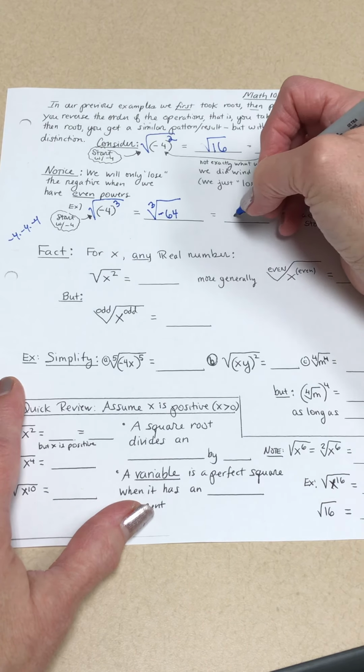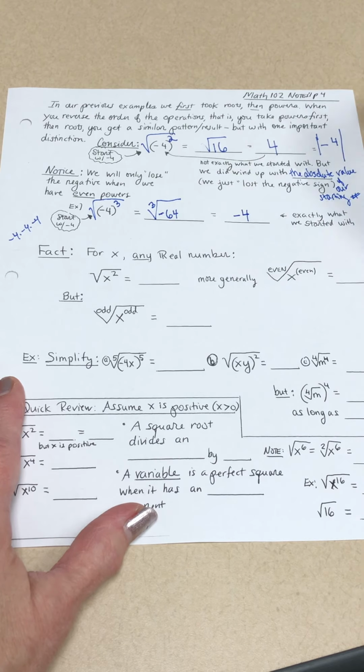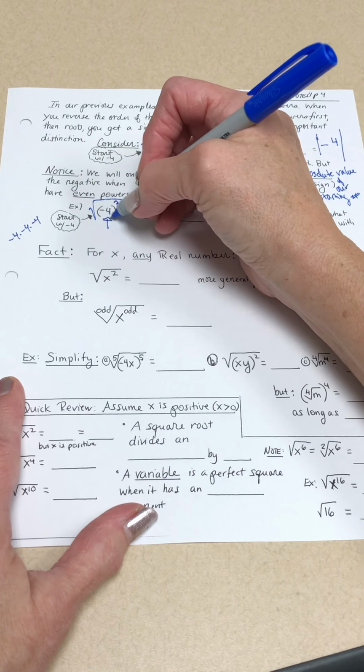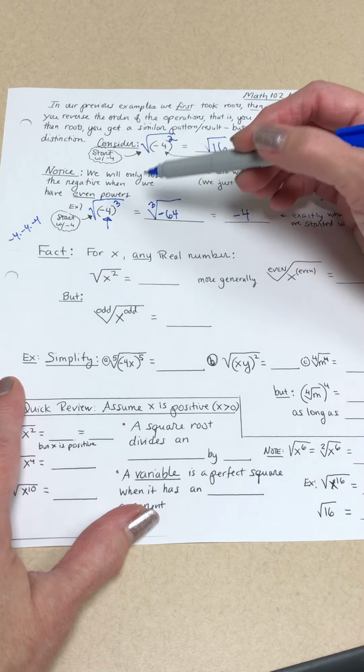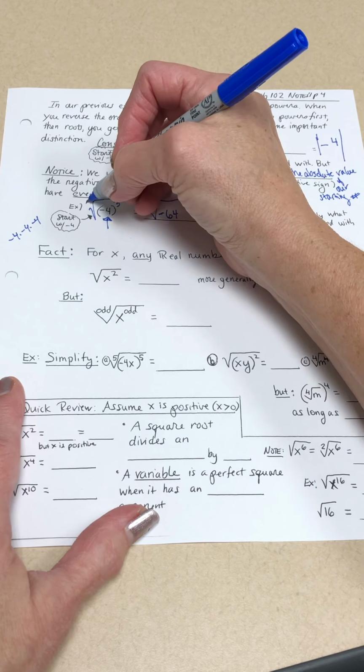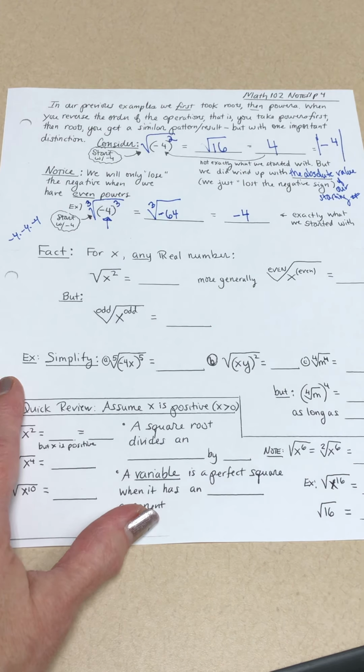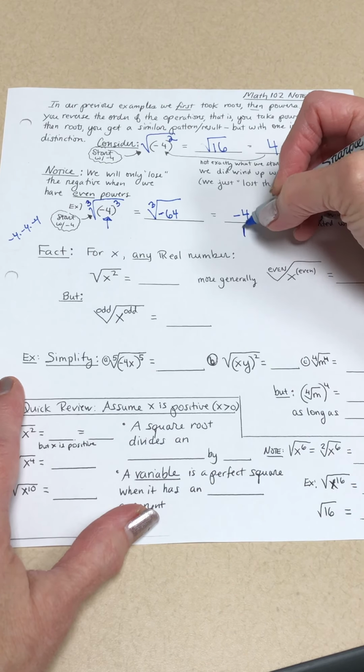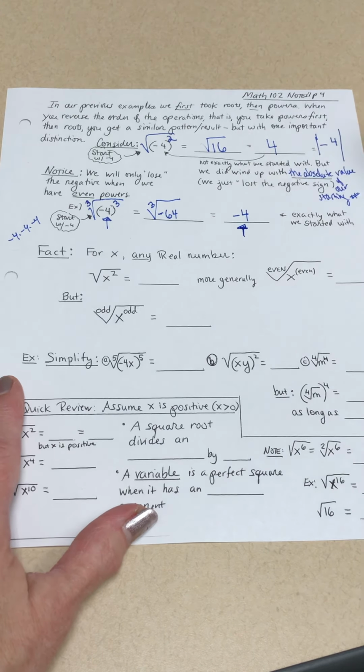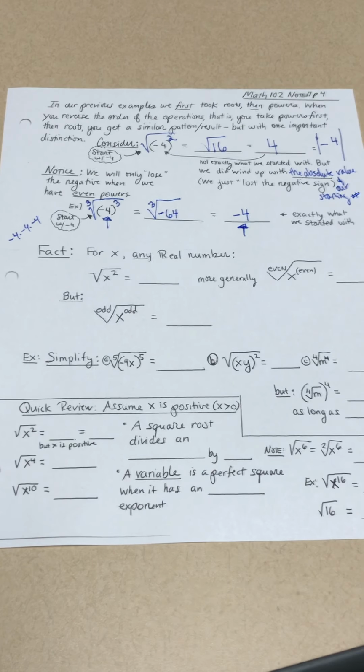Well, that answer is -4. I started with -4. When I applied the cube and the cube root, I got back to exactly where I started. I always think about the card game Go Fish. I got what I wanted.